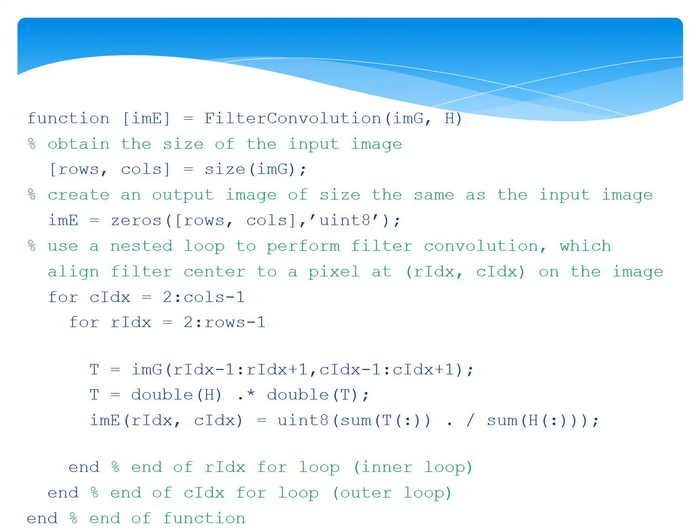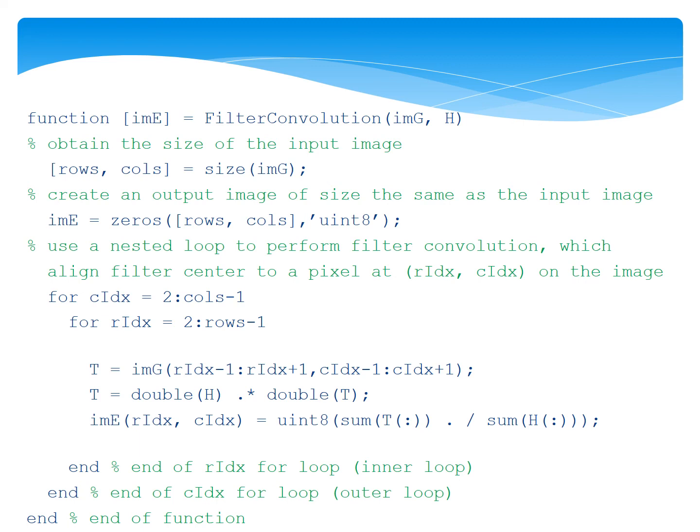As the sample code does not offer the geometry boundary padding feature, we can only convolve the filter H within the full coverage region. In this example, we assume that the filter H is a 3 by 3 filter, and thus the upper left and bottom right coordinates of the full coverage region are 2, 2, and rows minus 1, columns minus 1.